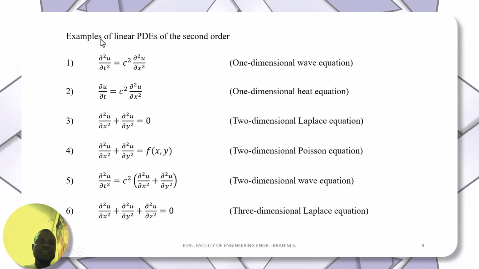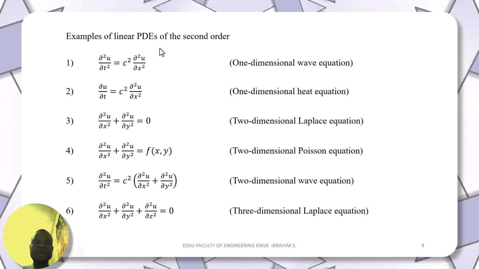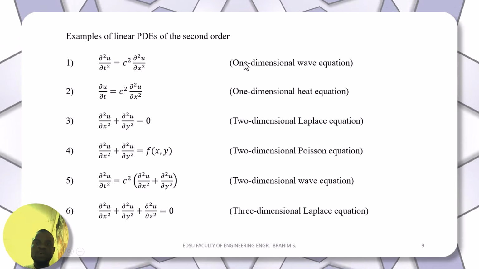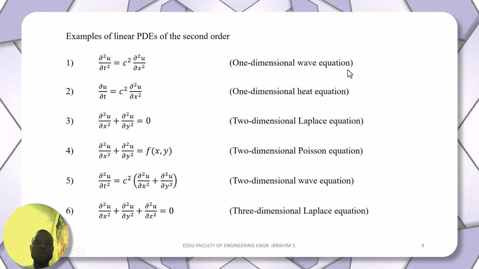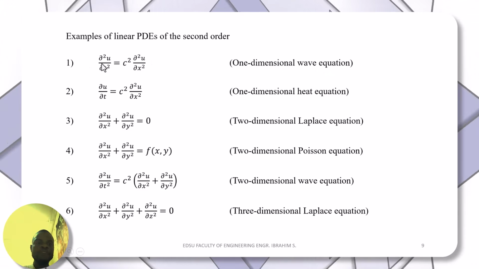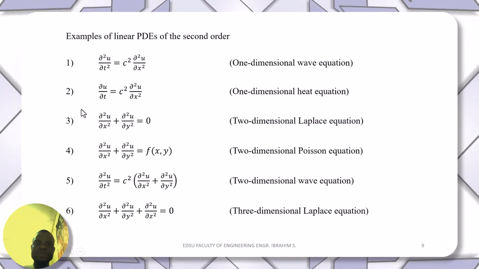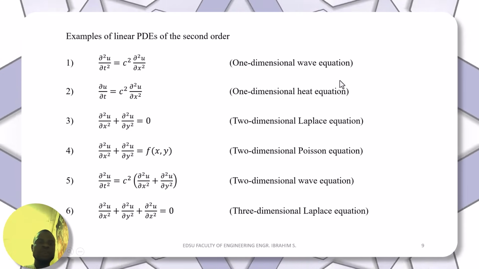Now here are some examples of linear PDEs of second order. Now we have this. It's called the one-dimensional wave equation. Whenever you have an equation that satisfies this, then it means it has satisfied the wave equation.